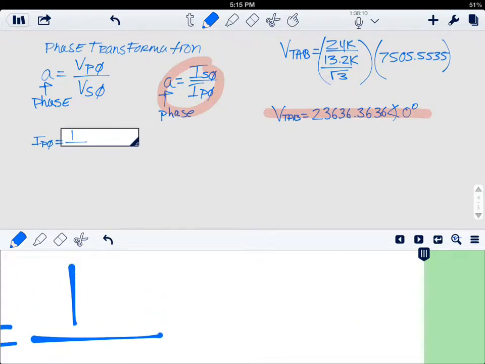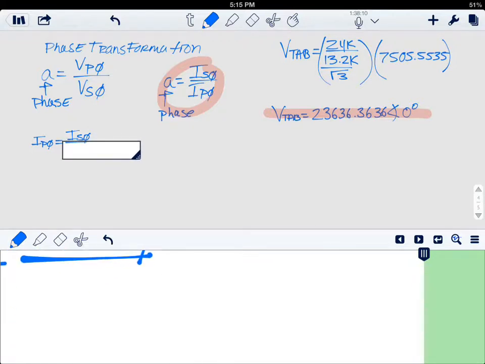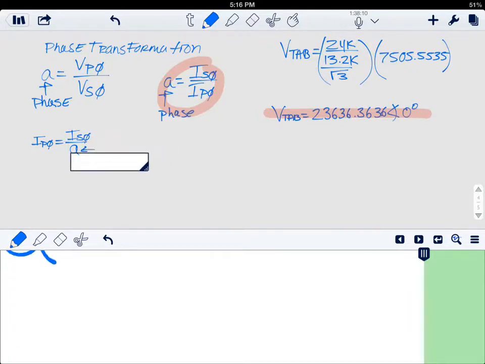That will leave us with the phase primary current being equal to the secondary phase current over the gain in the phase.